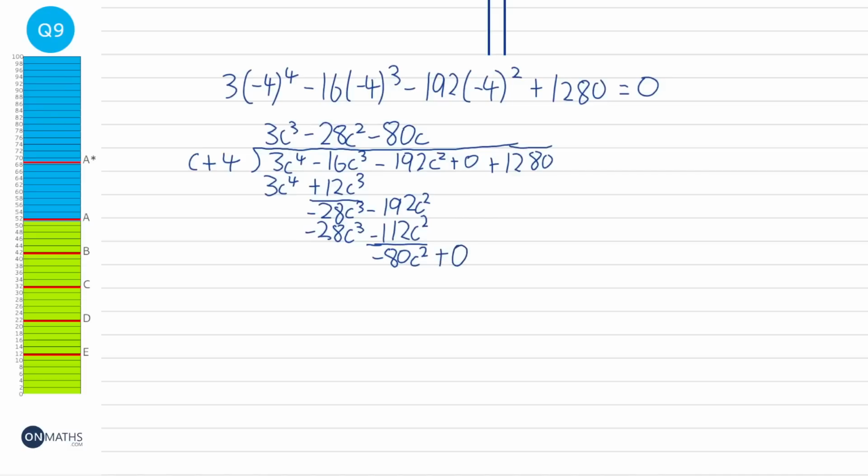and we're going to times the minus 80c by the c plus 4 again, so it'd be minus 80c squared, and it'd be minus 320c, and we're going to subtract those, and it would be 0 minus 320c, so that's going to be plus, so it'd be 320c.